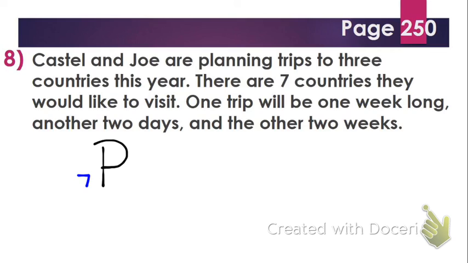P, order makes a difference. They're going to be treated differently. 3, because they're going to end up only choosing 3 countries. 210 different ways they could plan this trip.